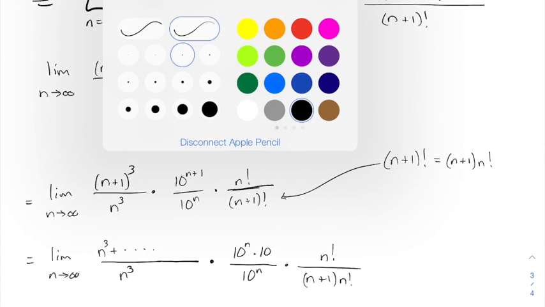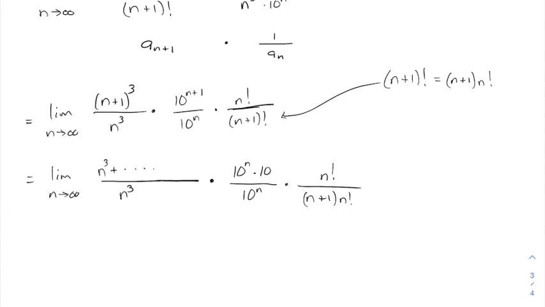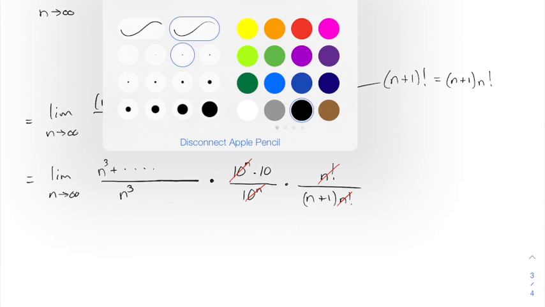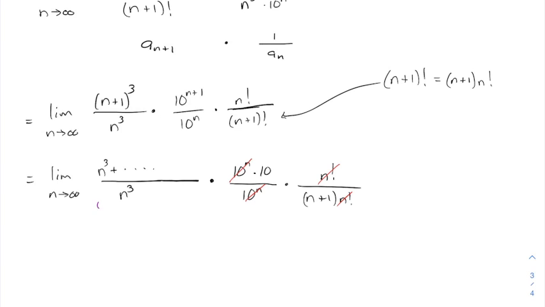So after we do all that, we can do a serious bit of cancellation. The n factorials cancel, and what I'm left with here is this first bit. This first thing, as n goes to infinity, goes to 1. This, as n goes to infinity, goes to 10.